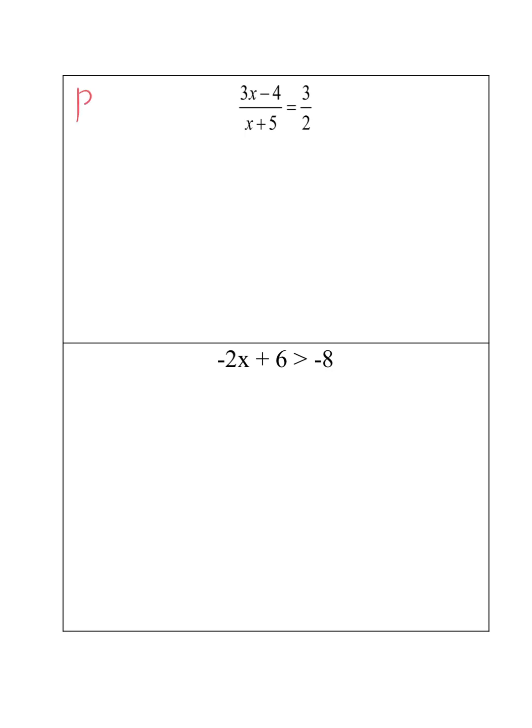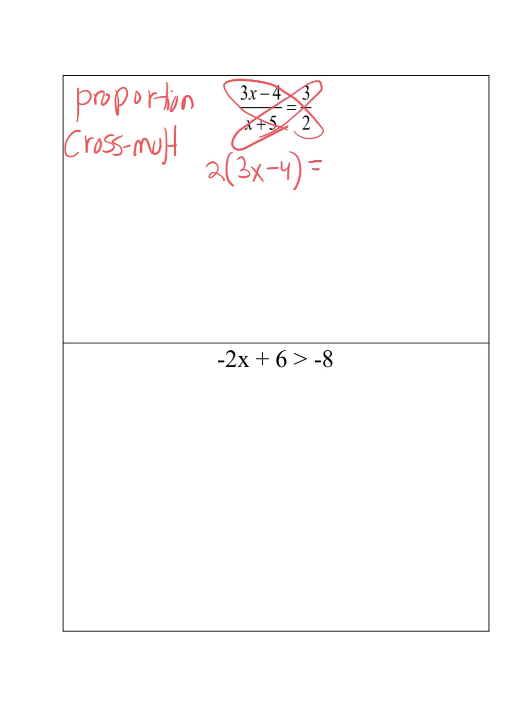And so when we have a proportion, we want to remember that the first thing that we do is cross multiply. And so I'm going to multiply 2 times 3x minus 4, equal sign, and then 3 times x plus 5.